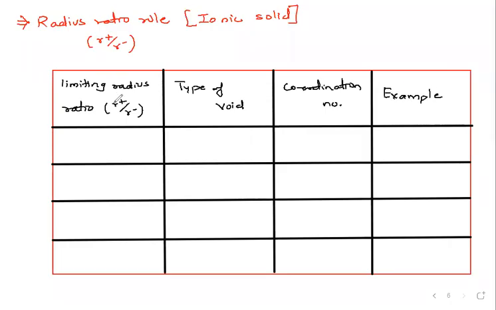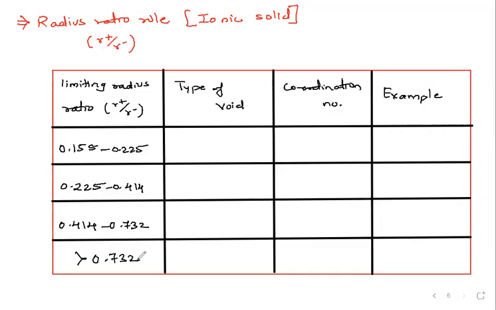The first range is 0.155 to 0.225. Similarly, the second range is 0.225 to 0.414. Next is 0.414 to 0.732. And the final is greater than 0.732.